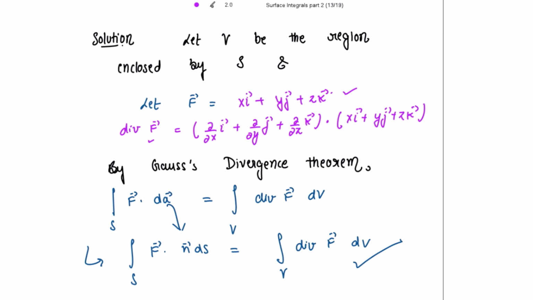So when taking the dot product, we get ∂/∂x of x plus ∂/∂y of y plus ∂/∂z of z. Differentiating x with respect to x is 1, differentiating y with respect to y is also 1, and differentiating z with respect to z is also 1. So this is equal to 3.